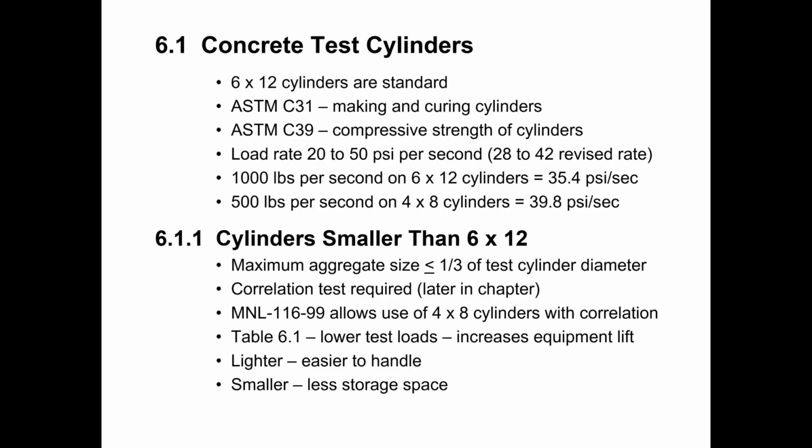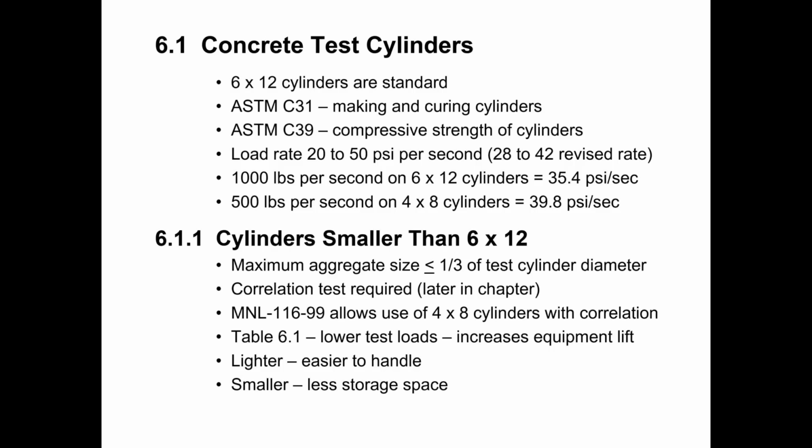So to use a 4x8 cylinder, that means that our mix design can have a maximum aggregate size of 1 1/3 inches. Most precast plants, we're going to be using 3/4 inch aggregate or smaller. So usually the maximum aggregate size is not an issue when using 4x8 cylinders at a precast plant.